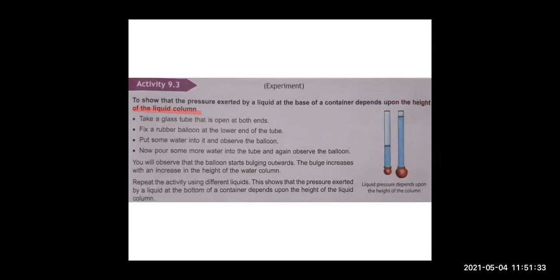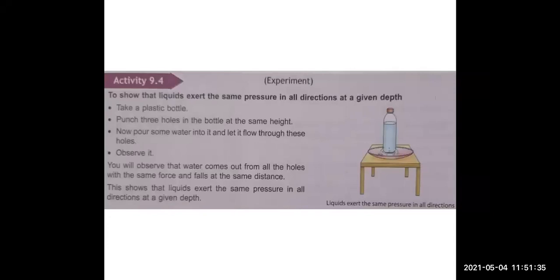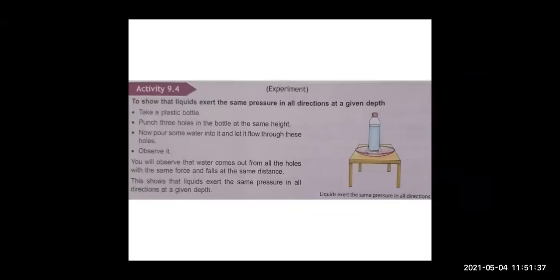Okay, chalo. Let's go to the next activity. This activity shows that the liquid pressure is the same in all directions at a particular depth. For example, you take a bottle, beta, है ना? And from the bottom at 2 centimeters, suppose this is your bottle, and above this 2 centimeters, you are making the hole at the right, at the left, in front, and at the back of the bottle.